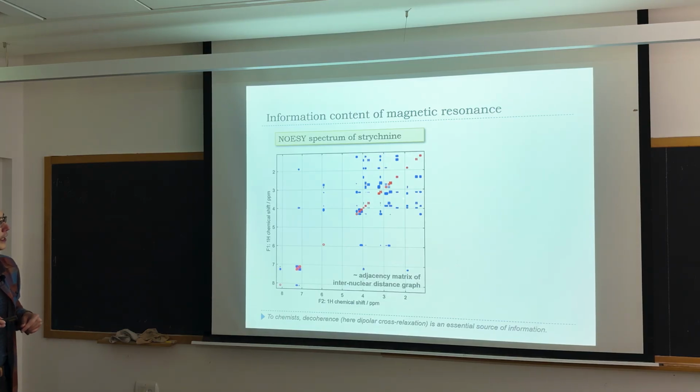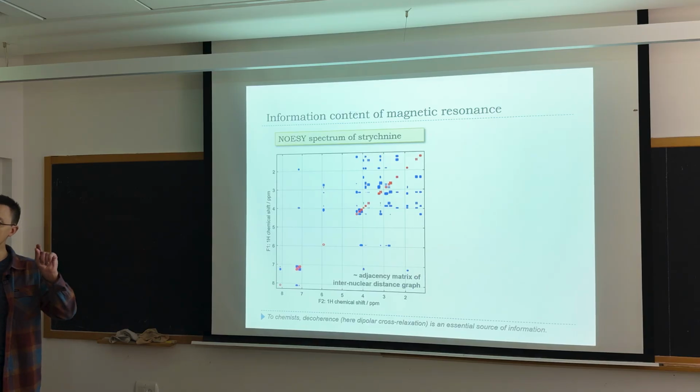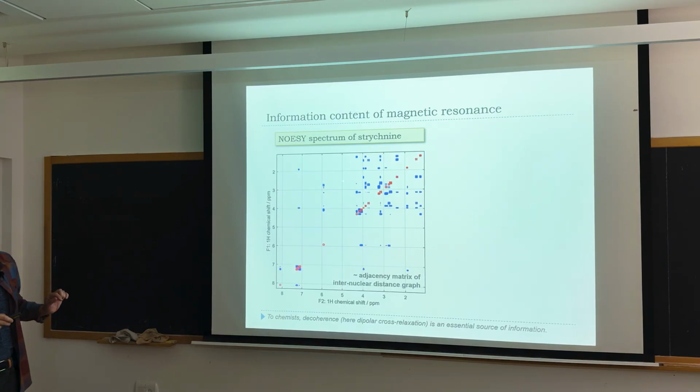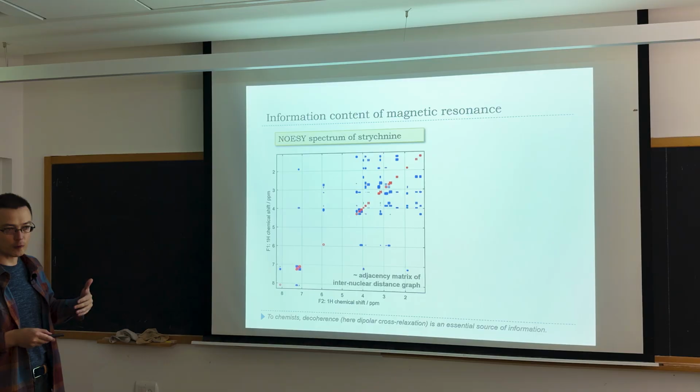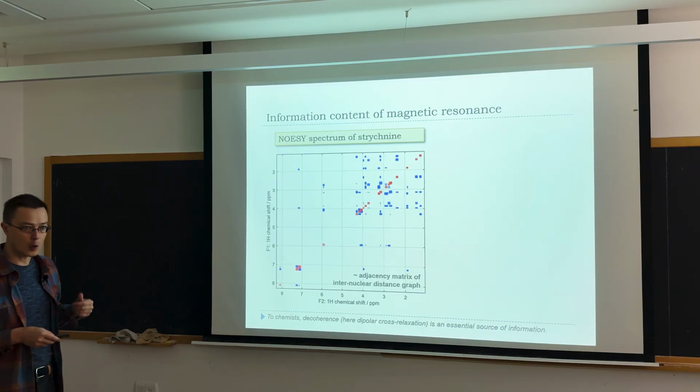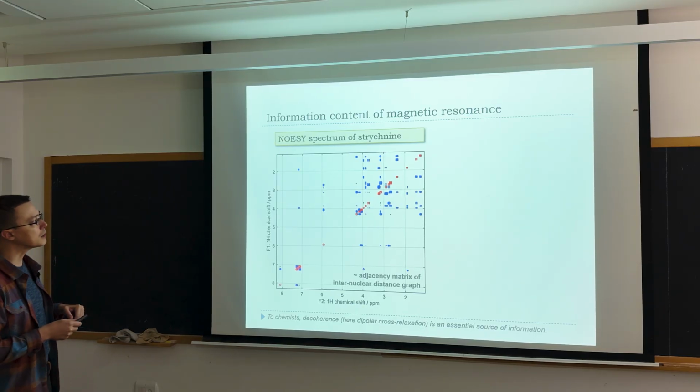All the off-diagonal peaks in here are distances, so when the two nuclei are proximate in 3D space, you would have a cross peak, and the volume of this cross peak, if you integrate it, is proportional to 1 over r to the 6, where r is the distance between those two spins.